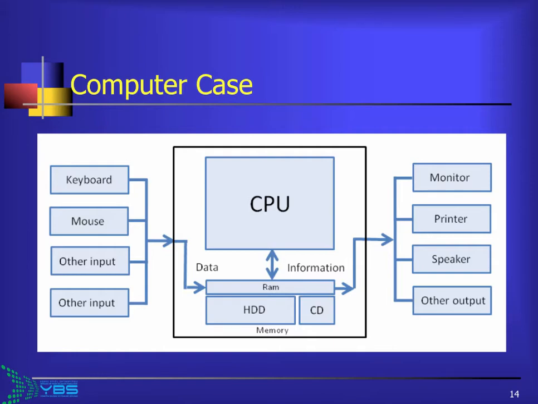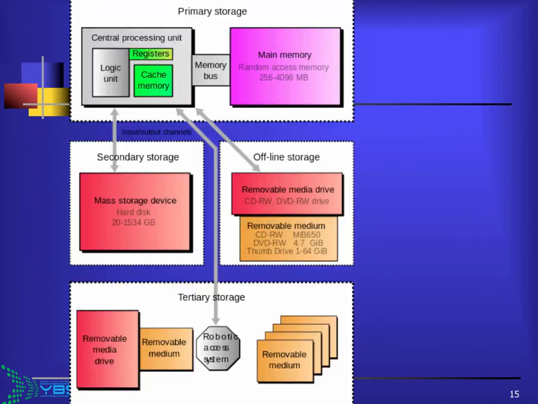In the main part of the computer case we see the CPU and memory, which is RAM and ROM, but also we can count the hard disk and other CD parts as memory as well. At the end, on the right side, you can see mainly an output system. Let's talk about those different parts. And before that, let me continue with this.